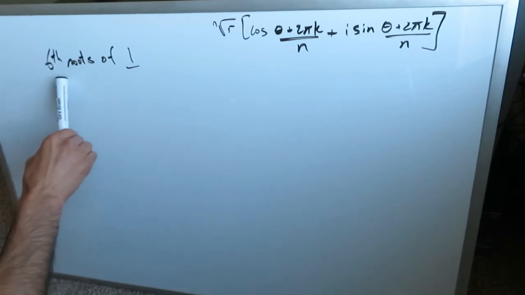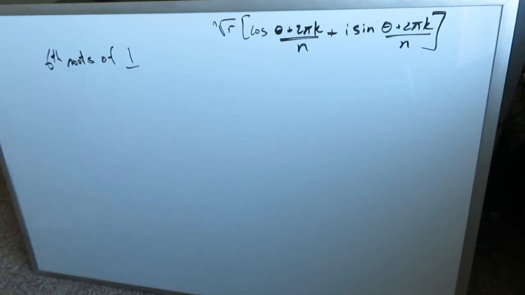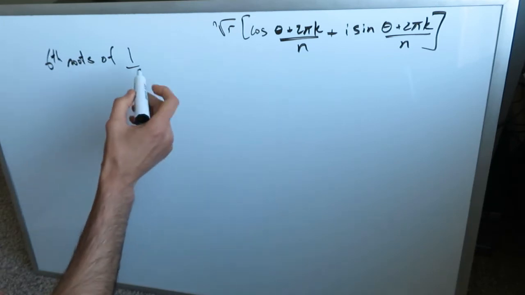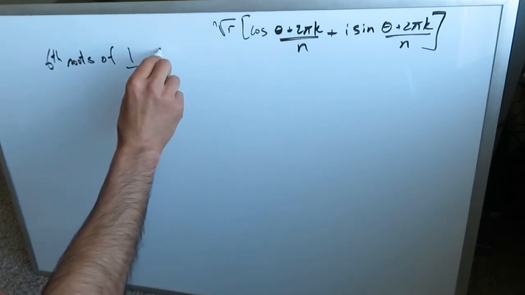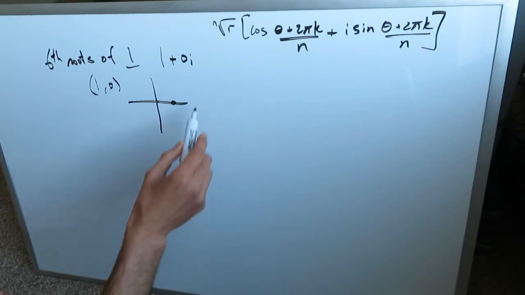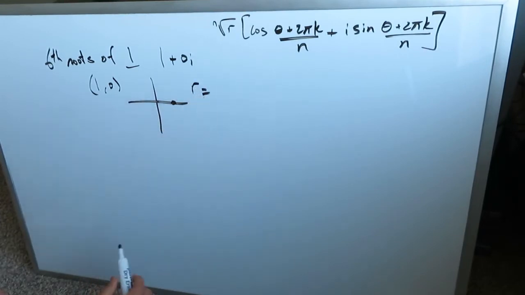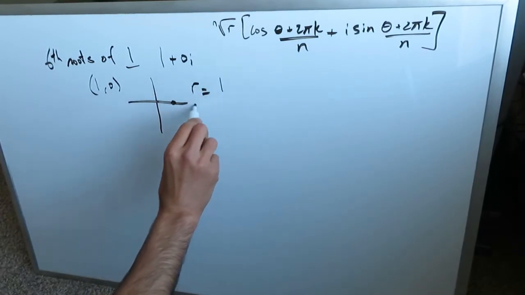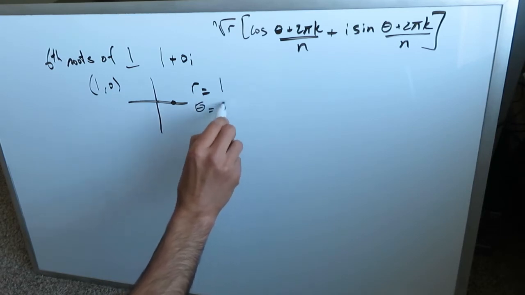Our question is this: you have to determine the 6th roots of 1. If we're talking about 1, we're looking at a complex number which looks like this: 1 plus 0i is equal to 1. If you graph 1 comma 0, you're looking right over here at 1 comma 0. You know very clearly and easily that your modulus is equal to 1 and your angle is equal to 0 degrees.